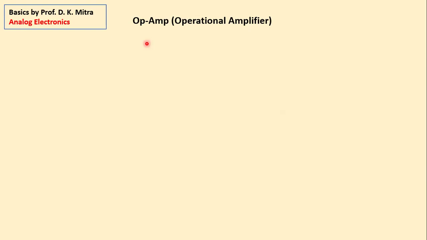It was suddenly found that this operational amplifier, which has almost infinite difference mode gain and almost zero common mode gain, can be very easily used for all these operations, all these applications, very easy. That we shall see next day.